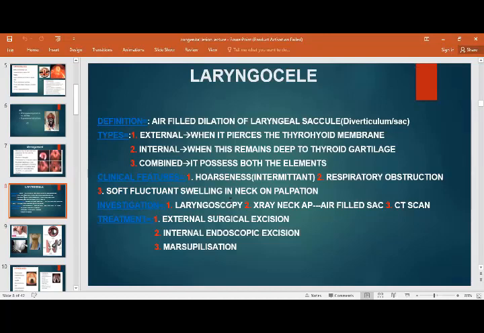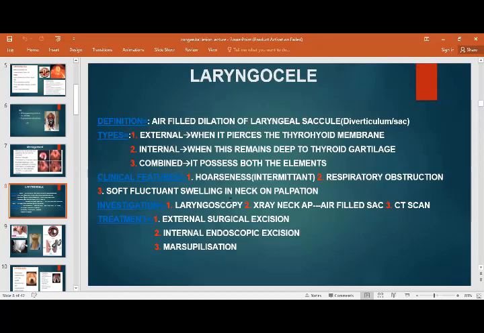Again, investigations: one of the important investigations in all these congenital anomalies of the larynx is indirect laryngoscopy, which we can easily do in our clinics.